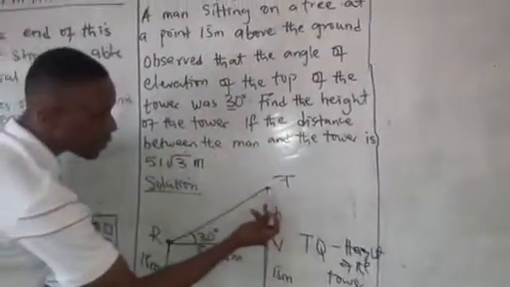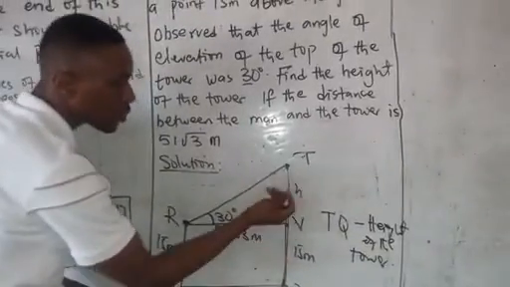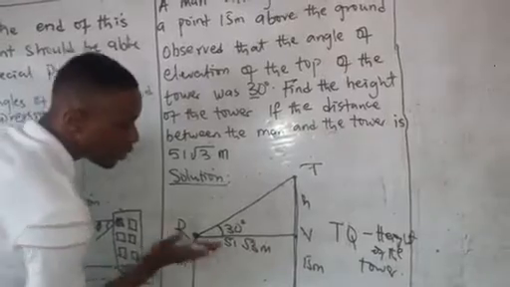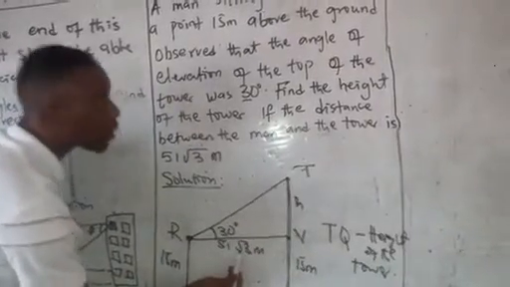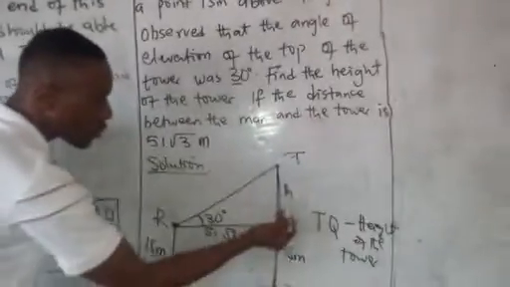The one we are looking for is the height from the top of the tree to the top of the tower, from here to here, and that is this small h. And we have the horizontal side, which is 51√3. So opposite, adjacent.